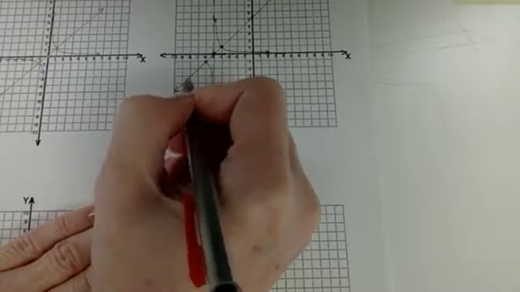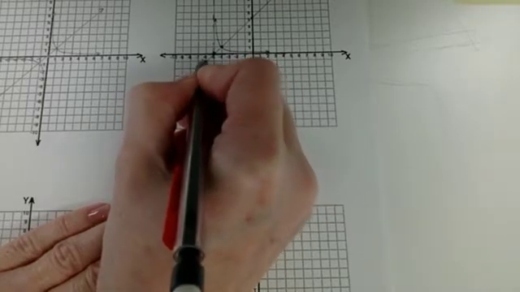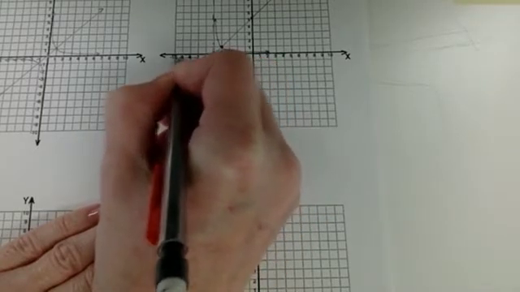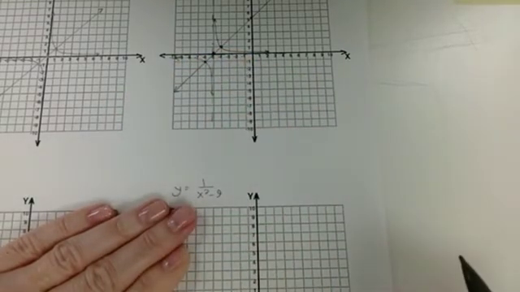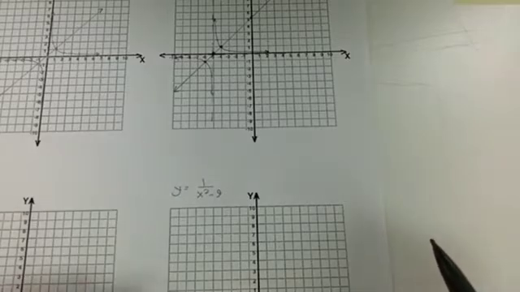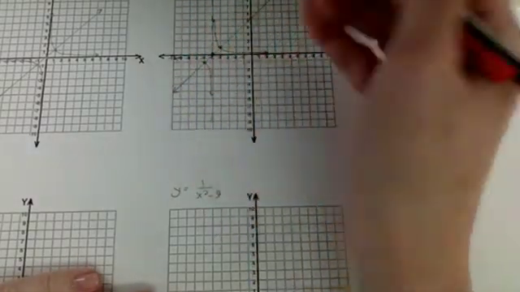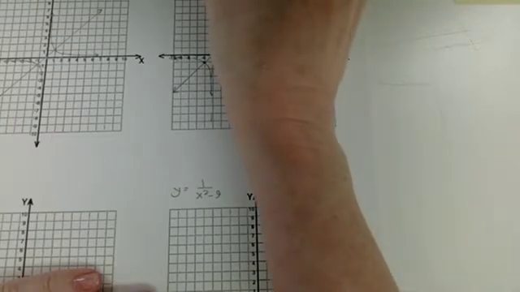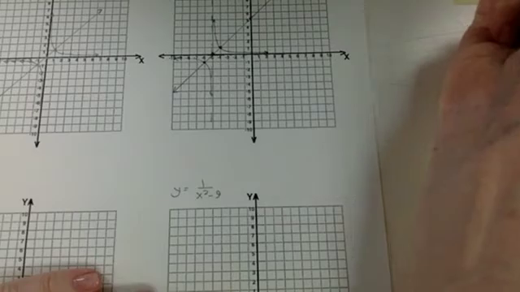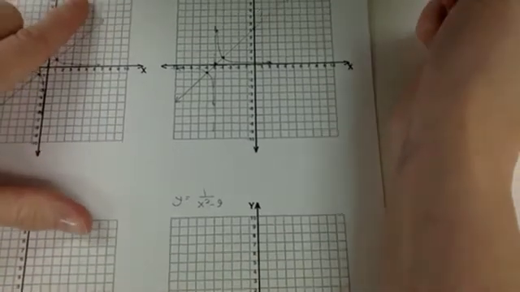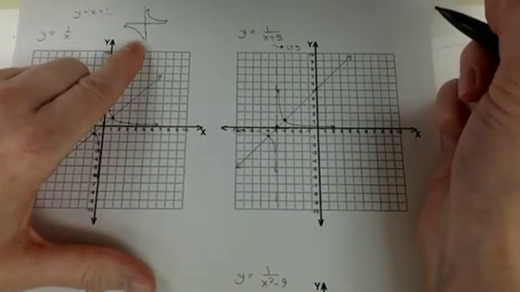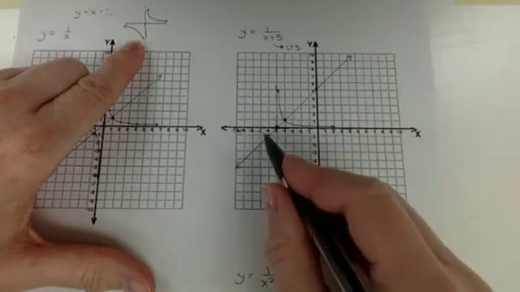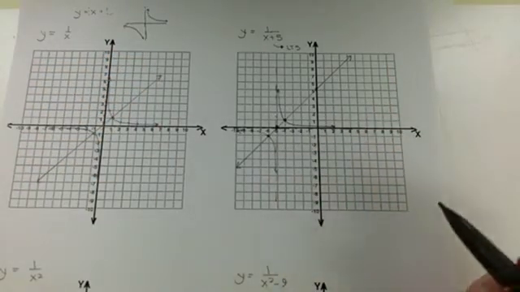Here, moves away, so it will bend towards the x-axis. And we are done. Notice that is the graph we expected, because we know this graph is our hyperbola, but it's moved left 5. So from our original moving left 5, yes, that's exactly what happened.